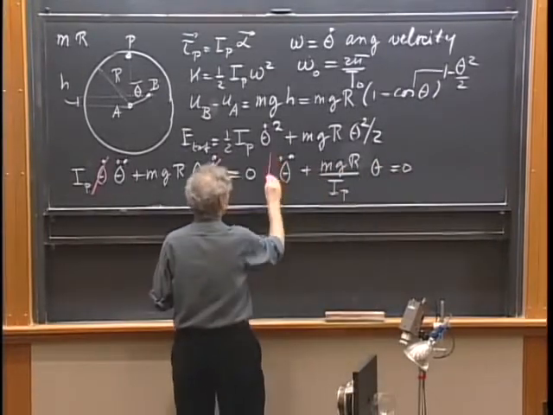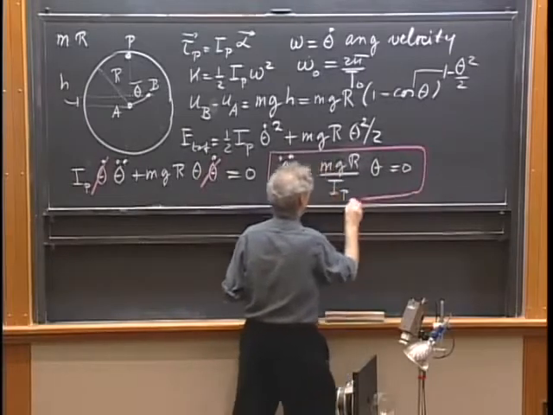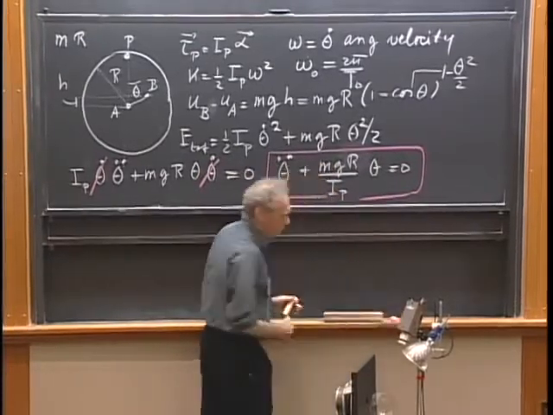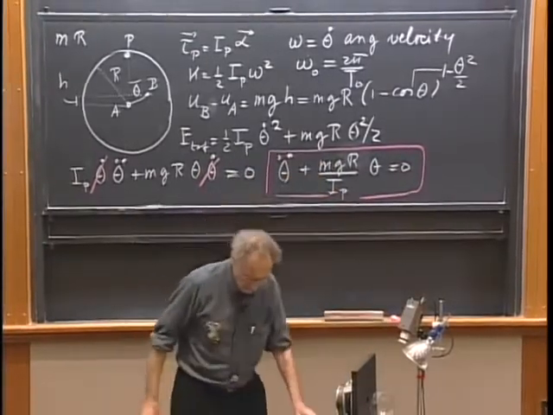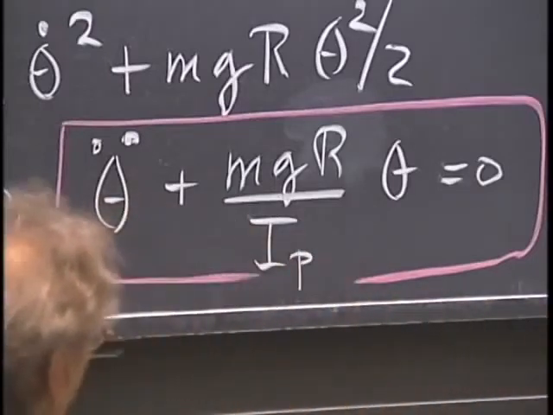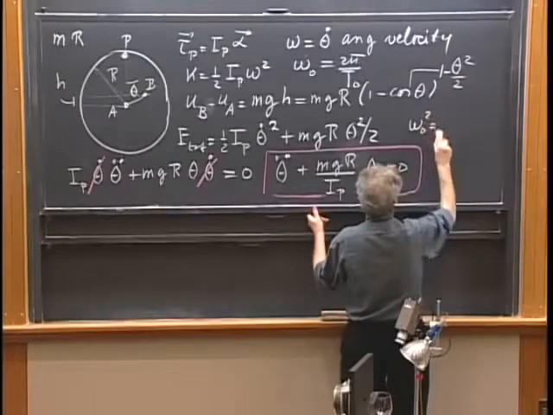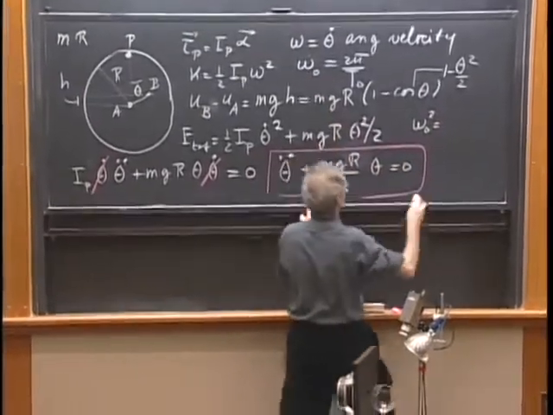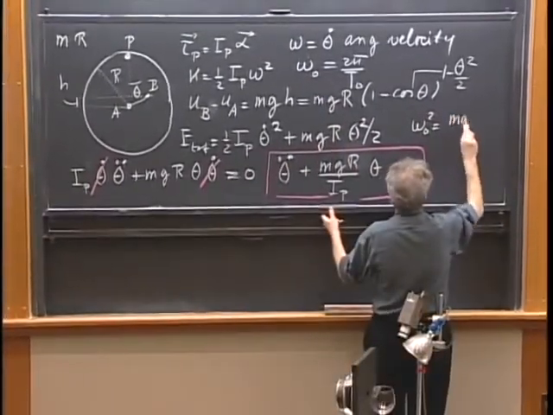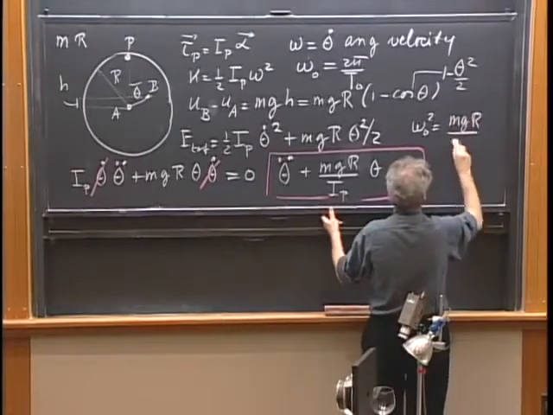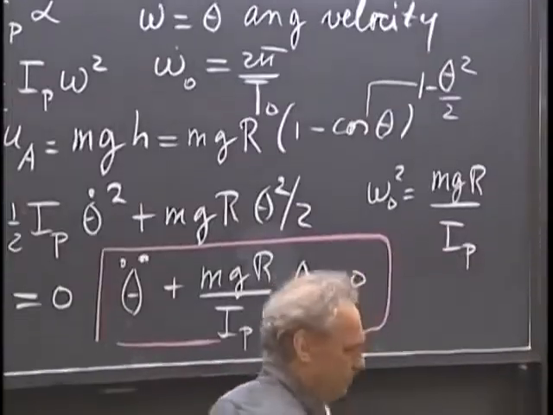And this differential equation, you should recognize. The solution to that equation is immediately obvious. Omega 0 squared, I use now the omega 0, equals mg times r divided by I_P.